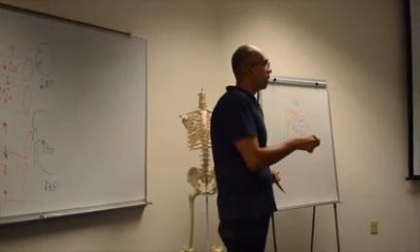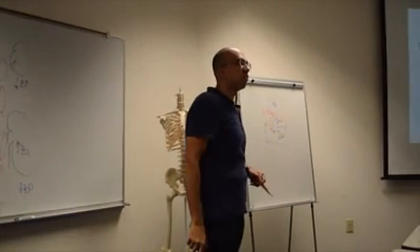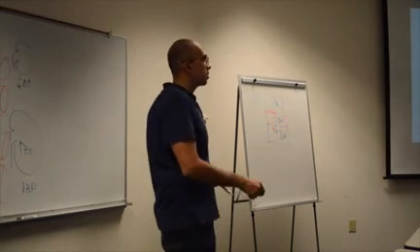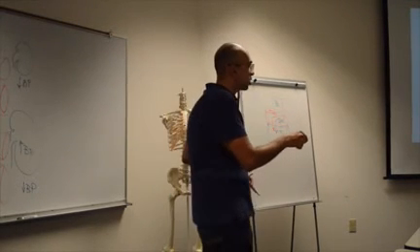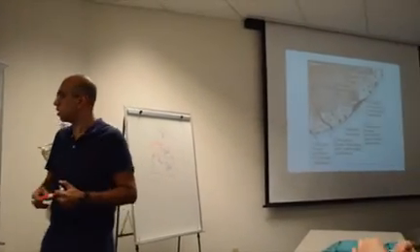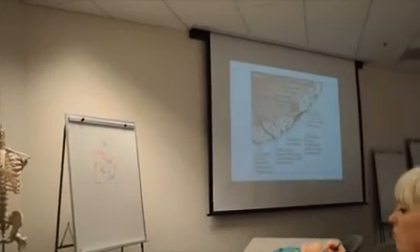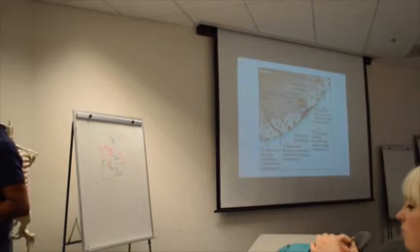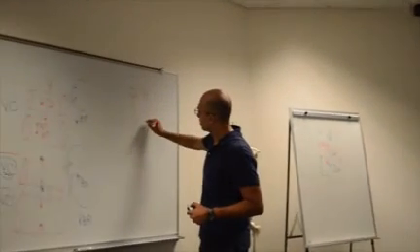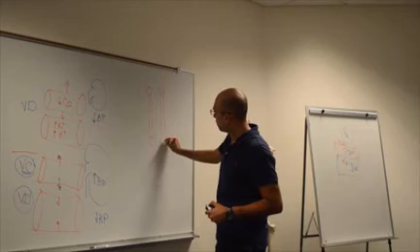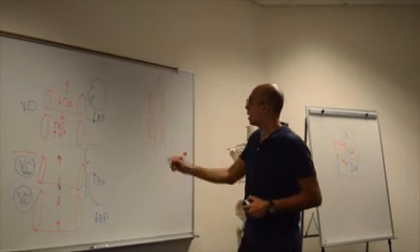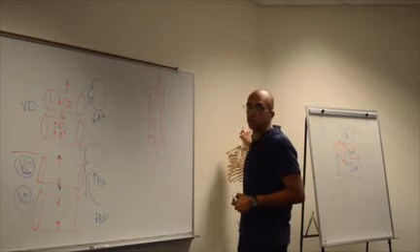Water-soluble substances will pass either through clefts or fenestrations. So if I'm looking here at a lipid-soluble substance, it can just diffuse through the membrane. Remember, if I am lipid-soluble, I can pass by simple diffusion through the phospholipid bilayer of my endothelial cell membrane.